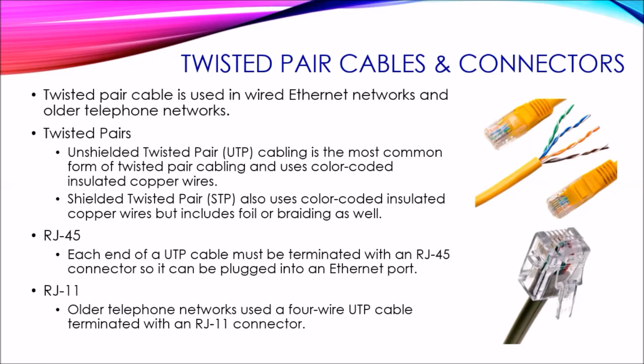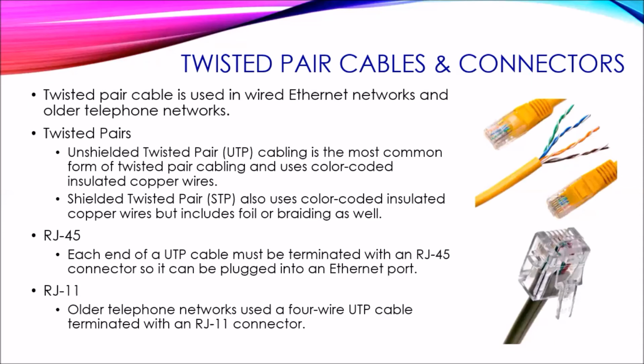The other type of cable is shielded twisted pair cable (STP). This cable also uses color-coded insulated copper wires, but also includes foil or braiding to remain safe against EMI and RFI, which are the two main problems which are dangerous for our data when we are using a twisted pair cable or copper media.